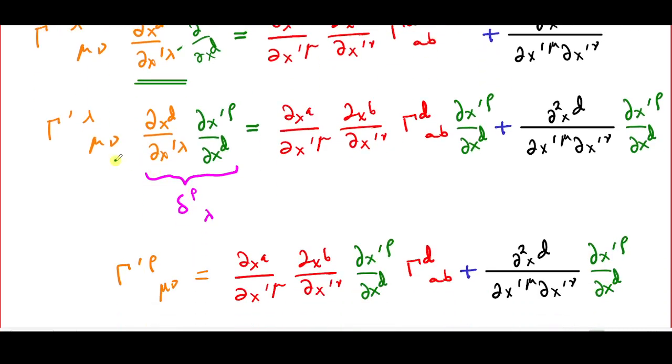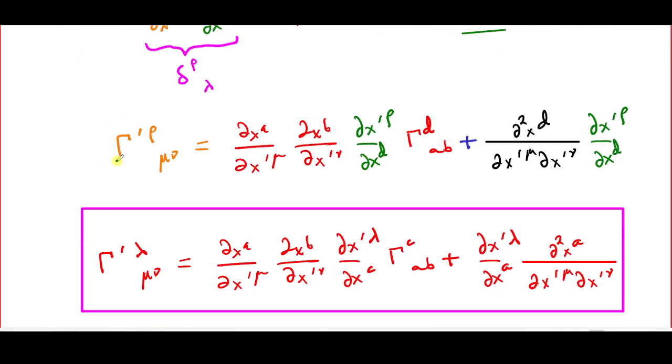And this is exactly what you end up with. Gamma prime rho mu nu, the lambda becomes rho because of this delta symbol, is del x a del x prime mu del x b del x prime nu times del x prime rho del x d gamma d ab plus this piece del 2 xd del x prime mu del x prime nu del x prime rho del xd. So this is how these gamma lambda mu nu terms transform.